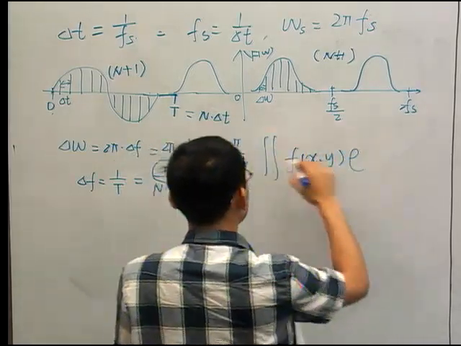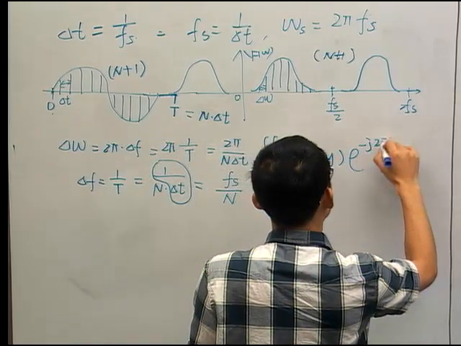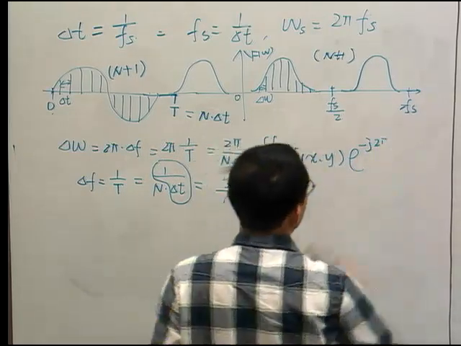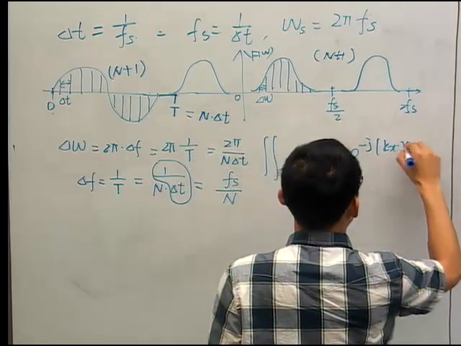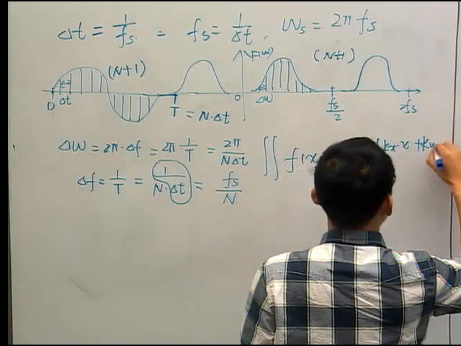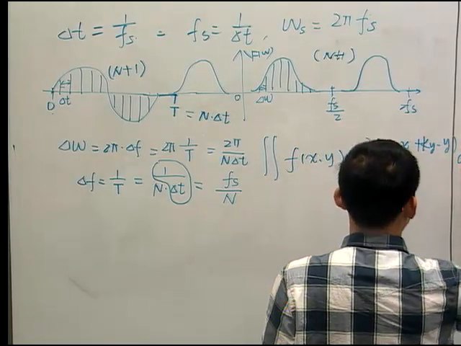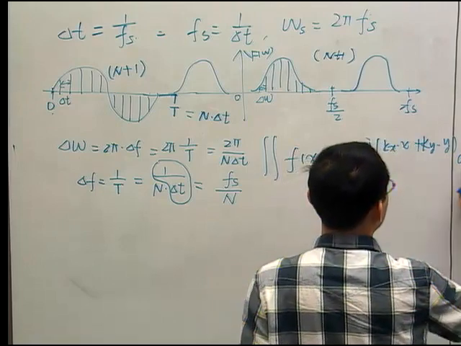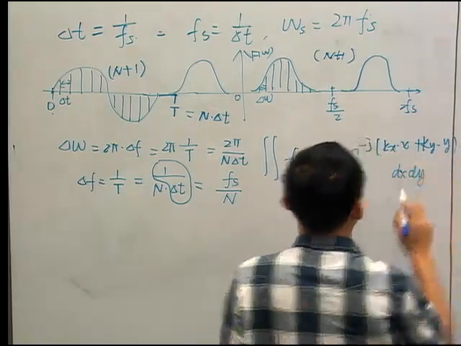That's a 2D Fourier transform, with minus j times kx times x plus ky times y, and dx dy, right?